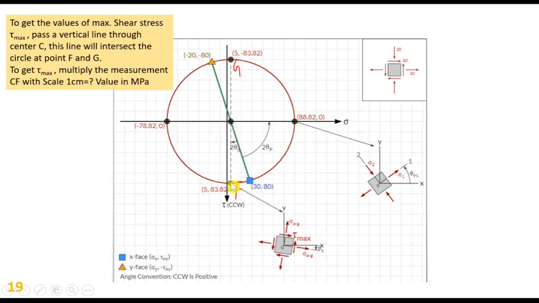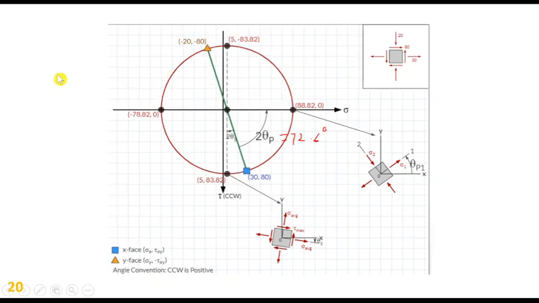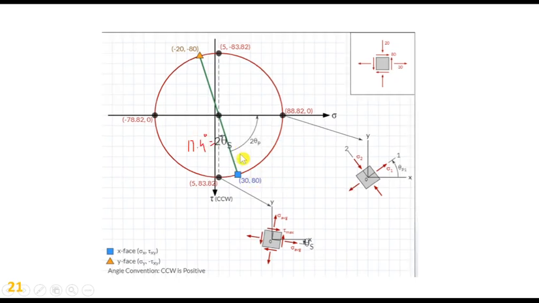This second coordinate will be the value of maximum tau, and graphically we will find it by measuring with a ruler. CF into scale will give us the value of tau max. This angle measured by protractor is 72.6, this angle measured is 17.4, so half of this value will be shown on the elements.